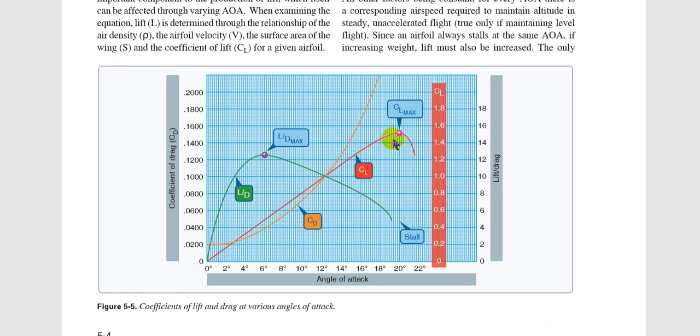But what happens is, if we keep increasing the angle of attack, we're going to get to a point where we're at CL max, and this is basically right before the stall occurs. So the wing is actually producing as much lift as it can at slightly under 20 degrees of angle of attack.